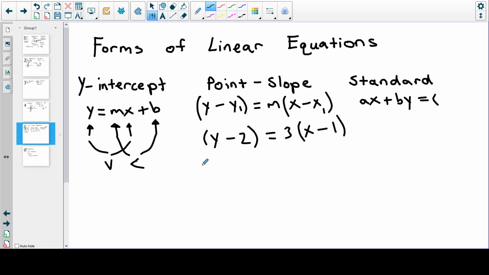So that's an example of a point slope. You'll see this later in algebra 1 and algebra 2, but it's really easy to put just a point and a slope into this equation. That's why it's called point slope. Mainly because you're going to be given a point like 2, 1, and you're going to be given a slope of 3, and you're going to be asked to find the linear equation.